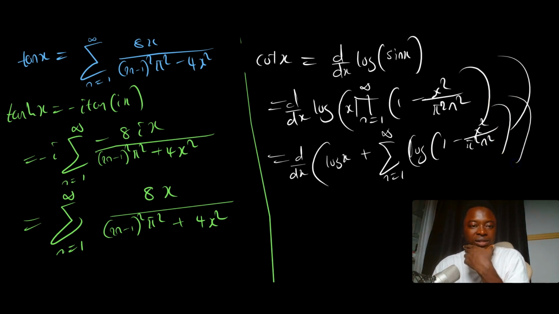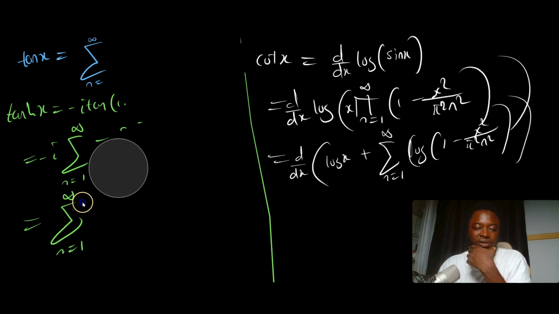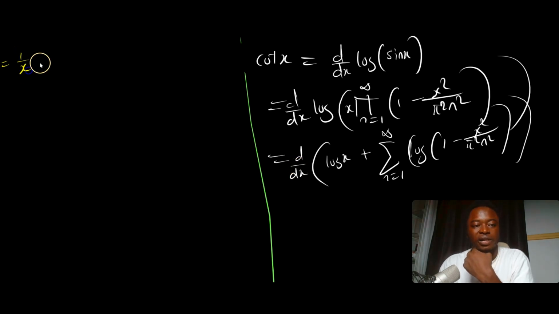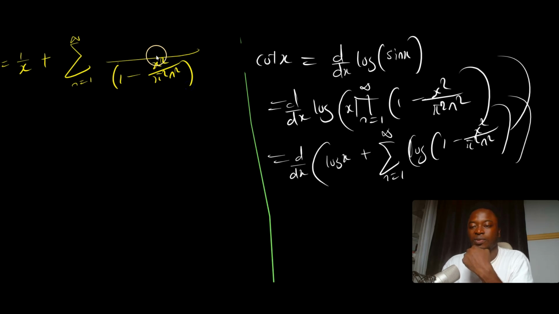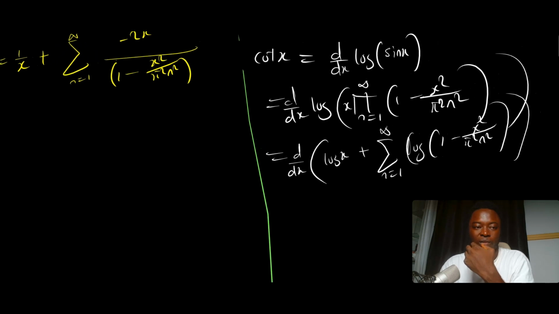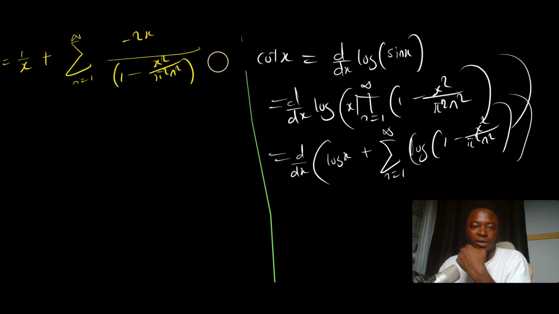So in this case, this will be equal to 1 over x, then you have a plus sign, then the sum as n runs from 1 to infinity of, at the bottom you have 1 minus x squared over pi squared n squared, and at the very top you have a negative 2x divided by the bottom part, which is pi squared n squared.